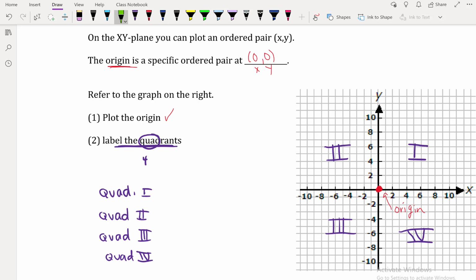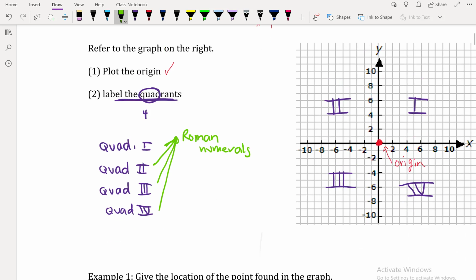And in case you were wondering what these all meant, these are Roman numerals. Okay, so that's what we have: 1, 2, 3, and 4.